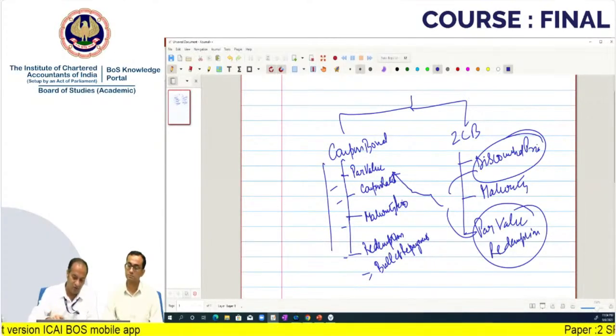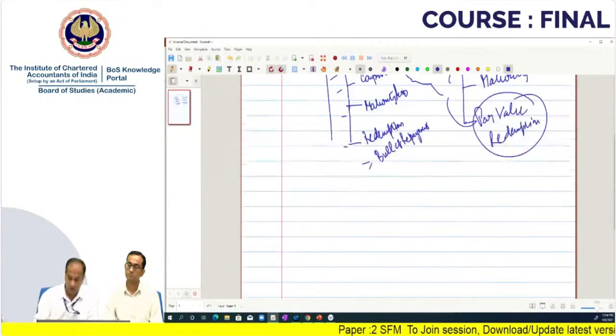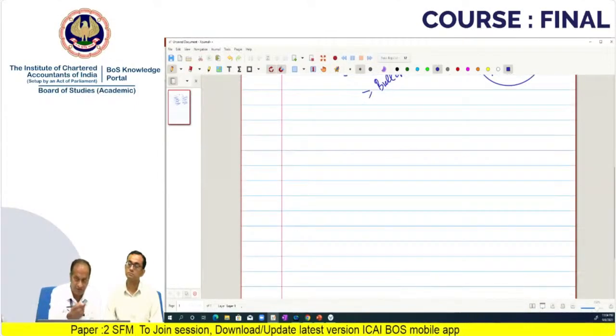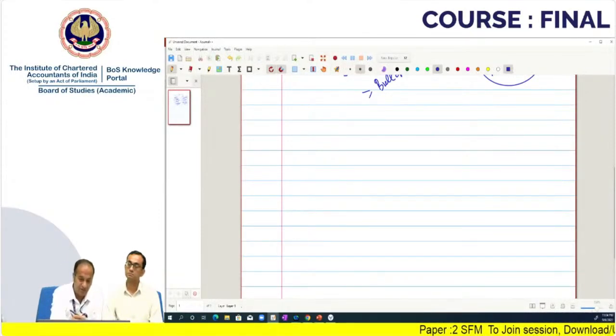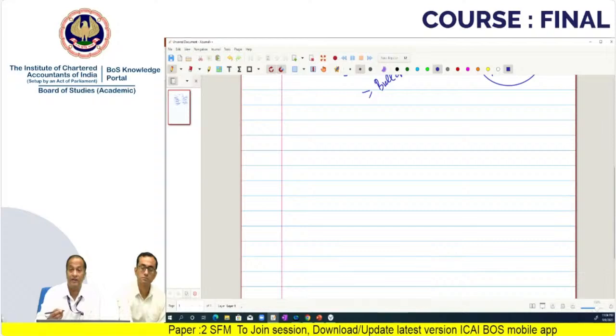Now I am coming to how we compute the bond valuation model, because this is basically your debenture valuation model. If you recall, you will say, sir, we have already solved this formula.